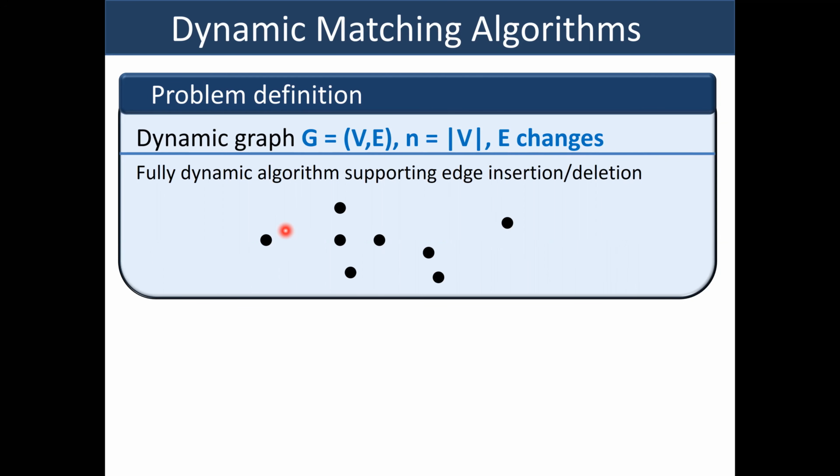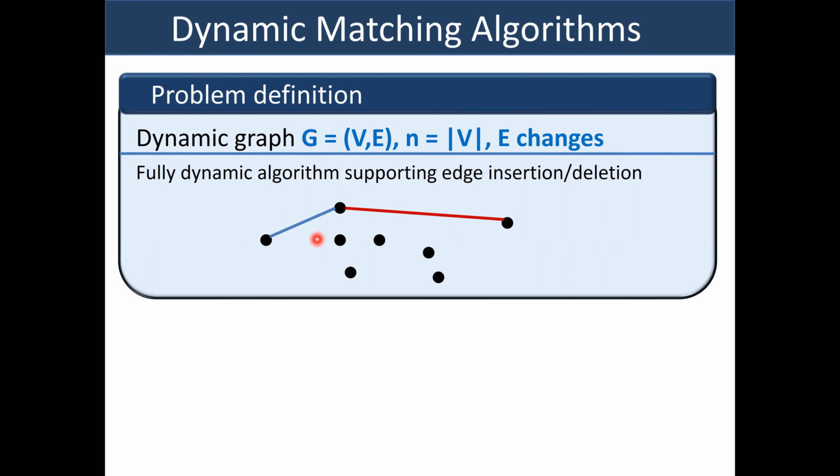Okay, and we'll see a very naive algorithm for maintaining a maximal matching very briefly. So the first edge comes, and the algorithm adds it to the matching. There's no other option. The blue edges are the matched ones. Then the second edge comes, and the algorithm doesn't have to do anything.